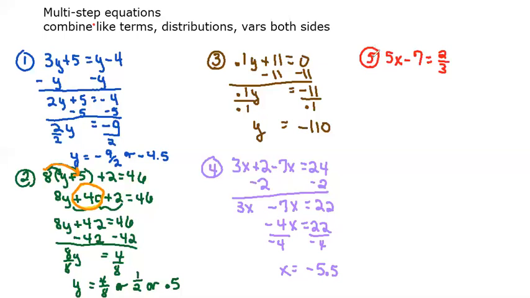All right, on number 5, now we have a fraction in here. So this is one of the harder ones. So I'll kind of star this as harder. Sorry, my handwriting's a little off. Okay, 2/3. Now the first thing I'm going to do is try to add 7. So I have 5x equals, well, what is 2/3 plus 7?